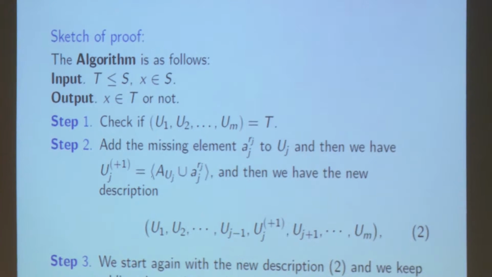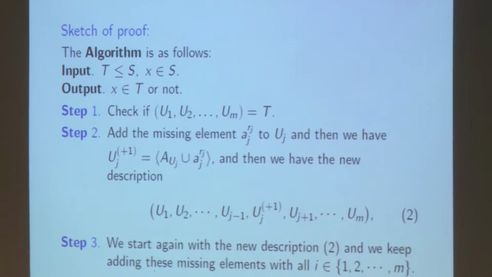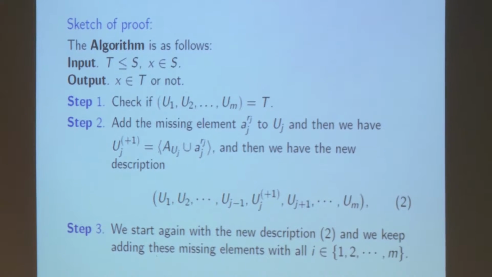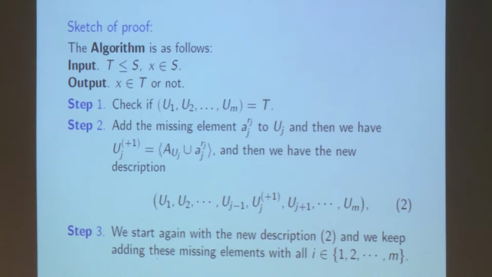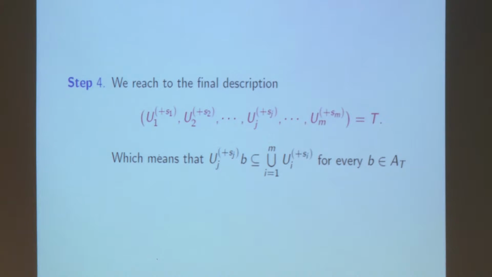I will examine my semigroup. Does the disjoint union give me T or not? If yes, we stop. If not, I will keep adding these elements until I reach the final description, which gives me all these U's equal to T. And as I said, this will stop because the number is finite, so you keep adding and you will stop, or you will lessen the difference and you can't do this forever.